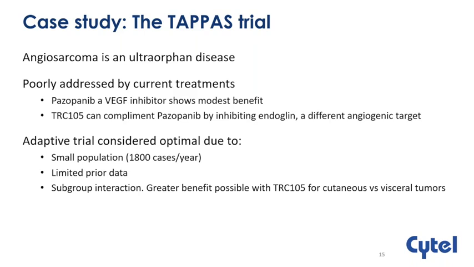The benefits in subjects with cutaneous lesions appear to be superior to that of patients with non-cutaneous disease. So we have an indication of the possible subgroup that we would be interested in, which is the one where subjects have cutaneous lesions.